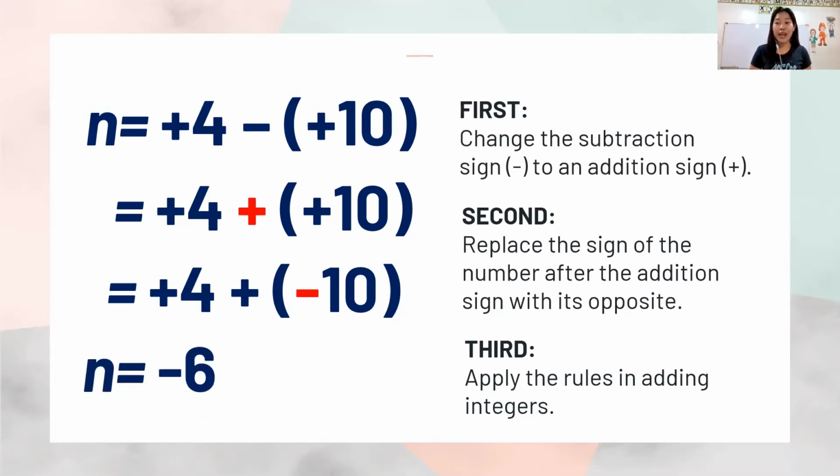Why? Because if the addends have different signs, we have to subtract them. So 10 minus 4 is 6. The sign is negative because 10 is bigger than 4. The negative signed number is bigger than the positive signed number. Positive 4 plus the quantity of negative 10 is negative 6.